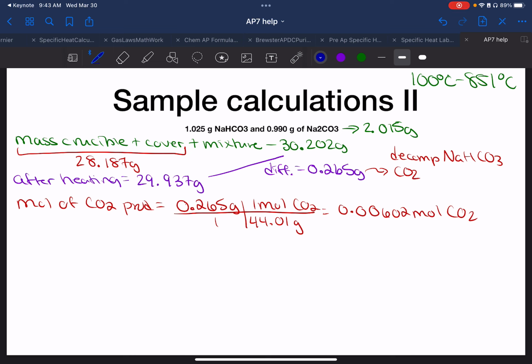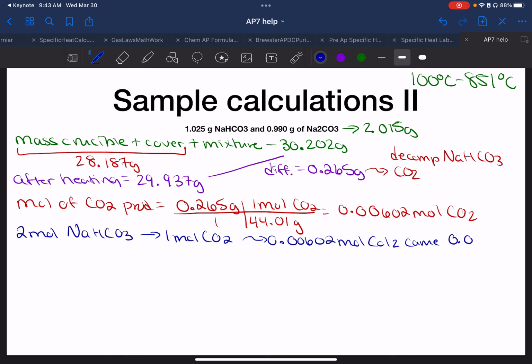So according to the balanced equation for decomposition of NaHCO3, 2 moles of NaHCO3 produces 1 mole of CO2. Okay, so thus 0.00602 moles of CO2 came from, we're going to double that number, 0.0120 mole of NaHCO3. Okay, all right.